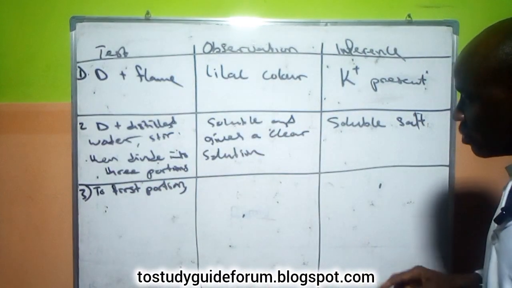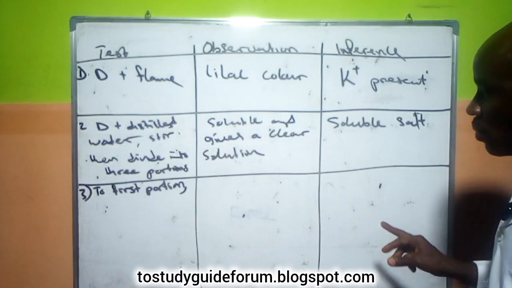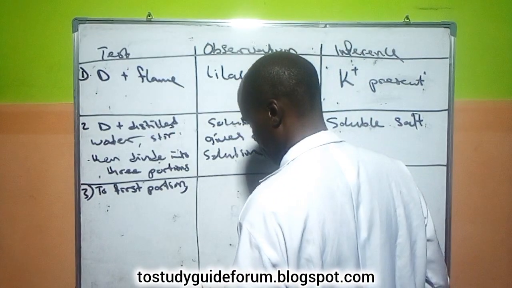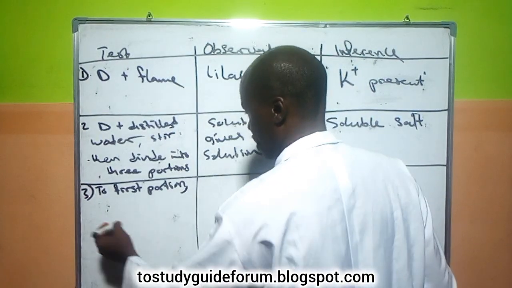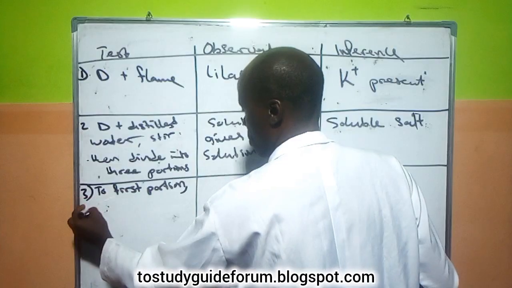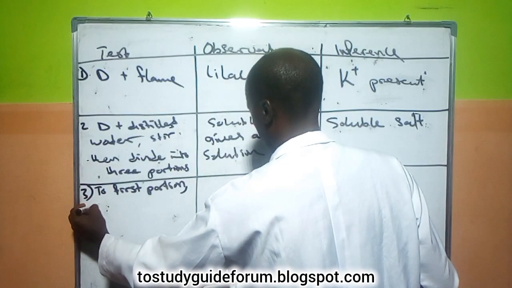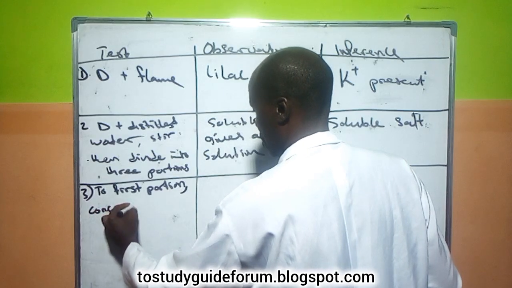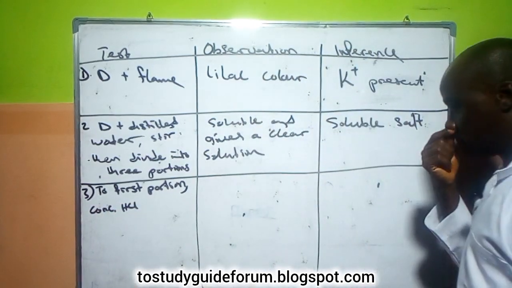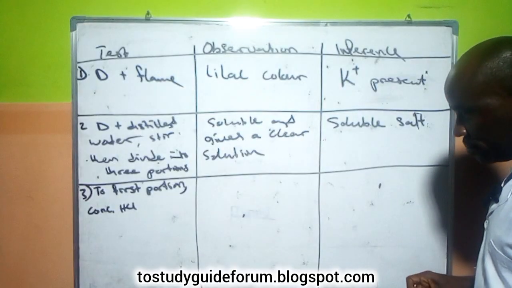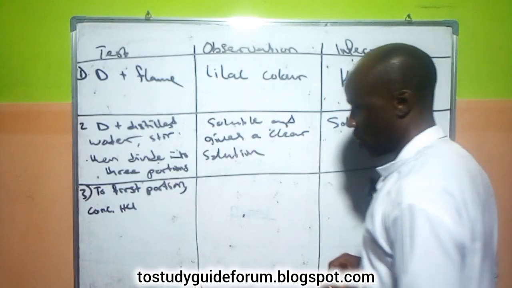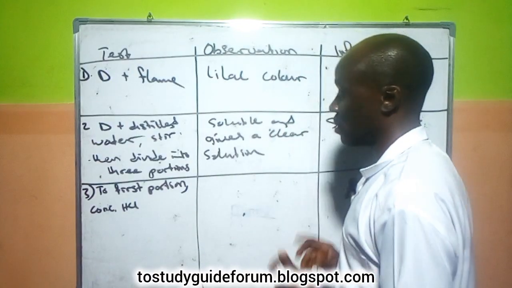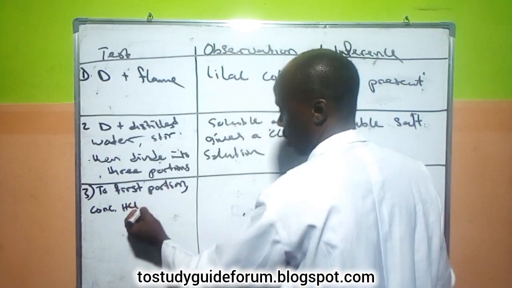What we're going to do there is add concentrated H2SO4. This can also be done with the solid sample, and I think it will be faster there. Okay, let's continue with this. Add concentrated H2SO4.